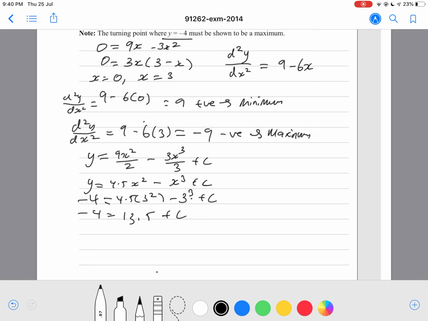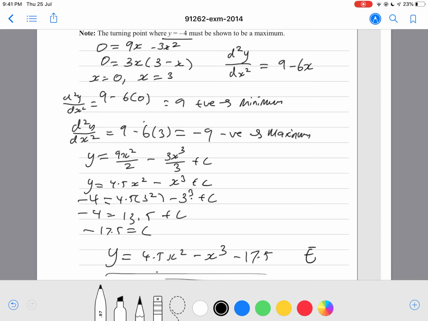So therefore -17.5 equals c. So therefore our y equals 4.5x squared minus x cubed minus 17.5. That is our final answer. And getting all the way up to there will get you your excellence grade.